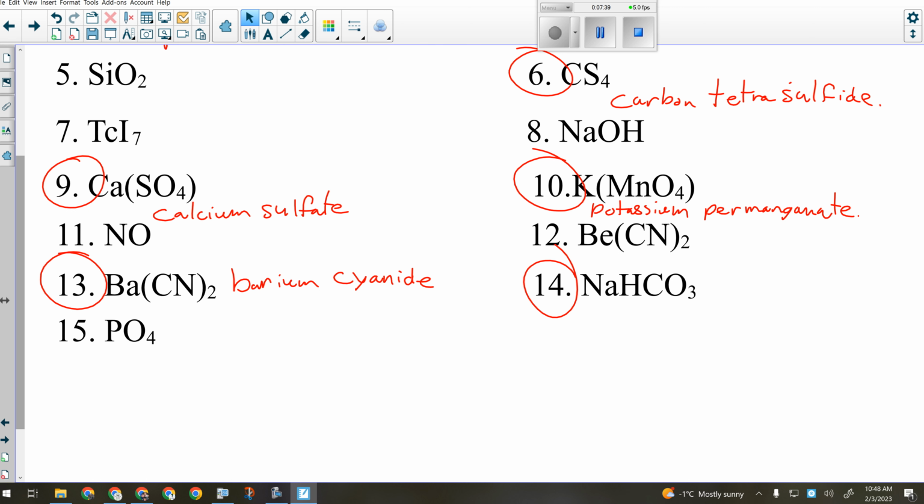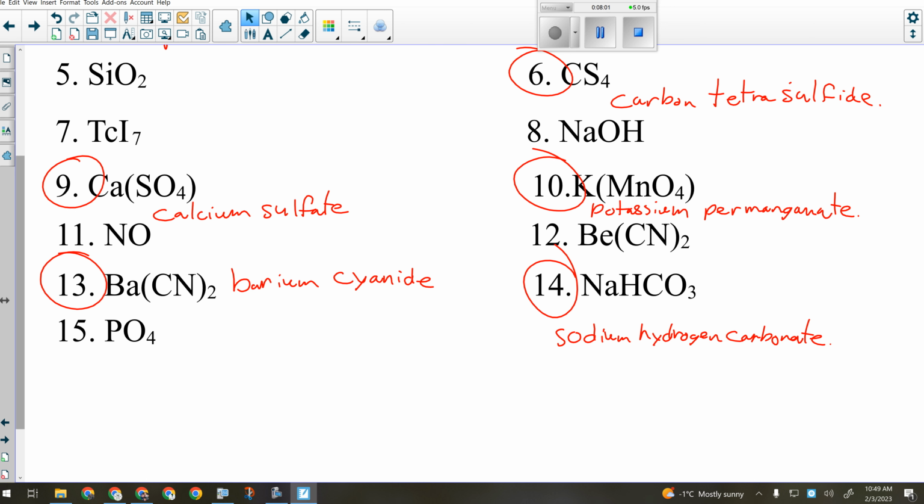Okay, and then our last one here, the last ionic compound with a polyatomic ion in it. HCO3 is a polyatomic ion. This stuff is sodium hydrogen carbonate. You have definitely used this stuff before in your life.